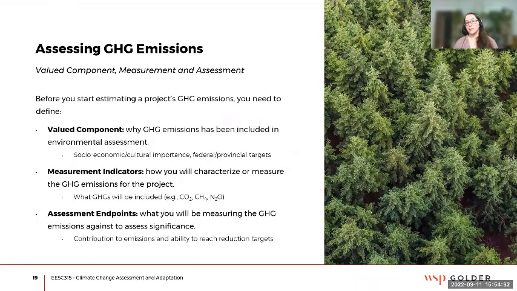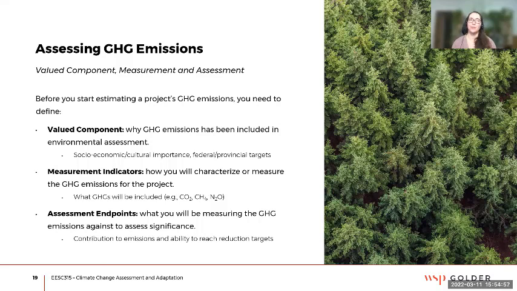When we want to assess a greenhouse gas, we've got to start defining a couple of things. So what are the rules you're going to play by when you're doing your assessment? The first thing you want to define is your greenhouse gas as a valued component. Previously, it's been indicated as a secondary component. That's a little bit more challenging because the information is not really passed on to anyone else to use.